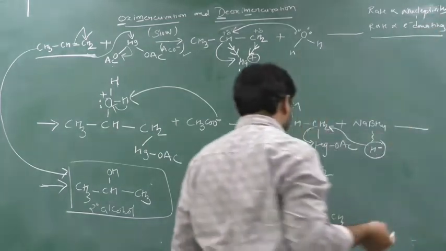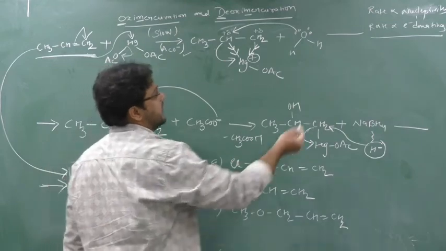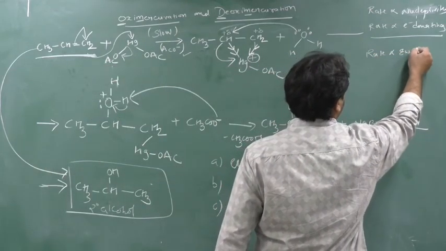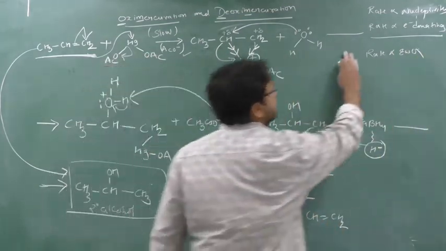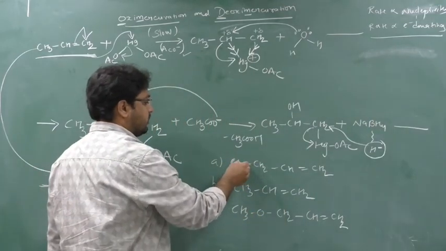See what will happen. This is Cl. Rate is directly proportional to nucleophilicity, and Cl is an electron withdrawing group.